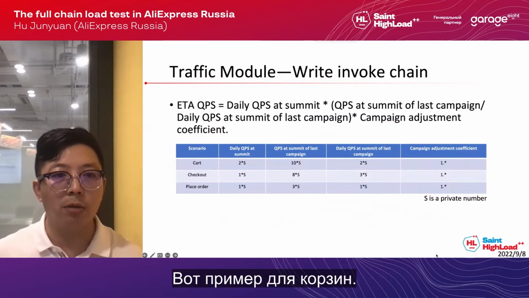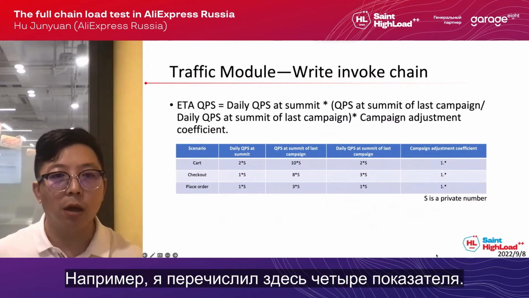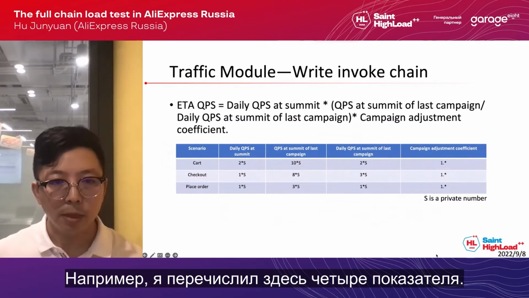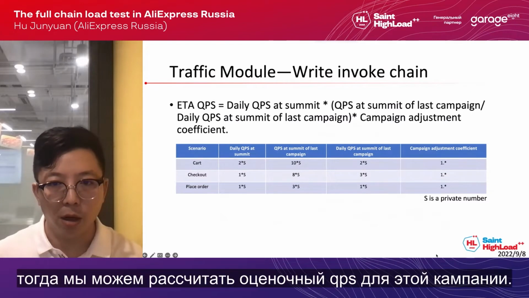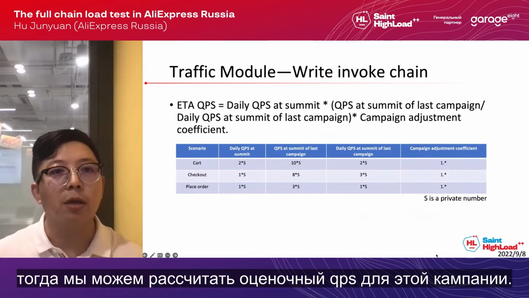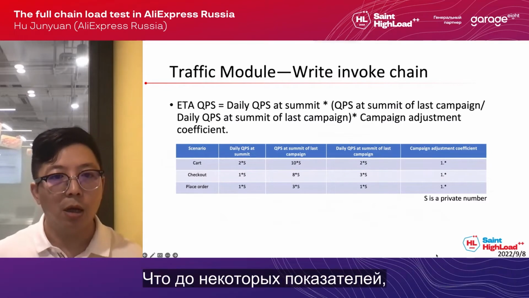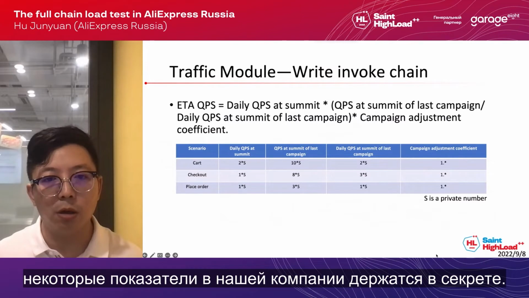Here is an example for the cart. I have listed these 4 indicators here, and just multiply them together. Then we can calculate the estimated QPS for this campaign. The actual values of the indicators are secret in our company.